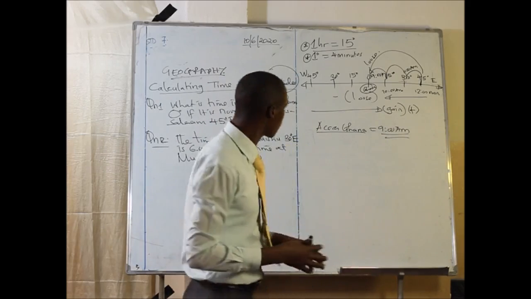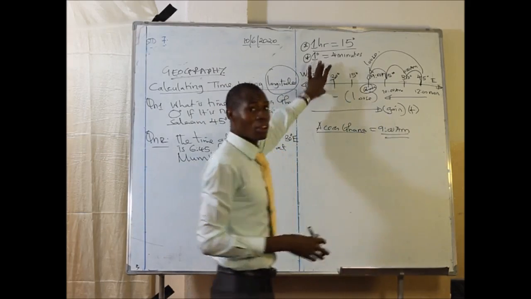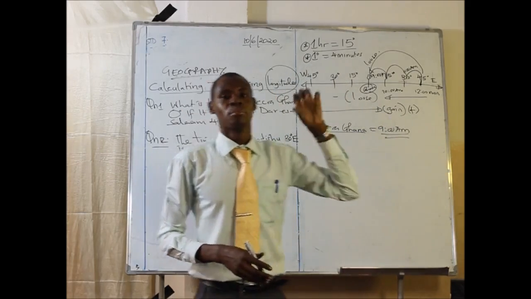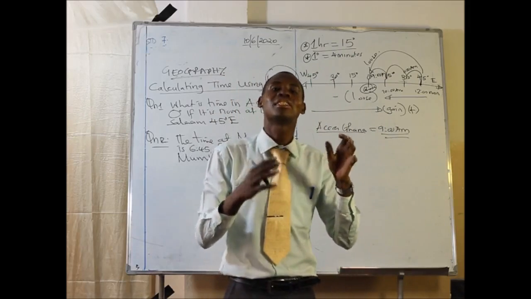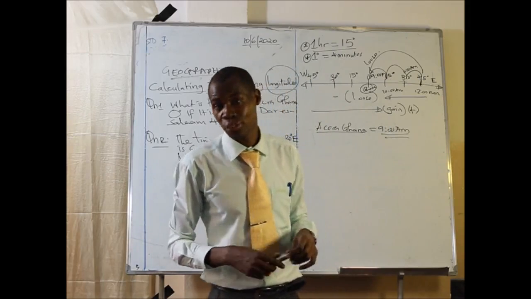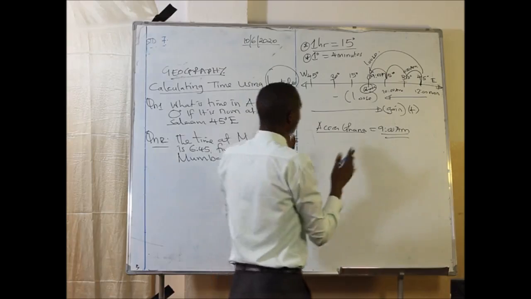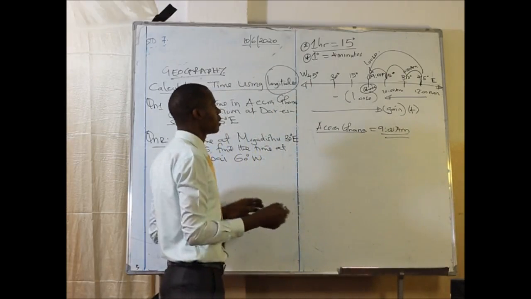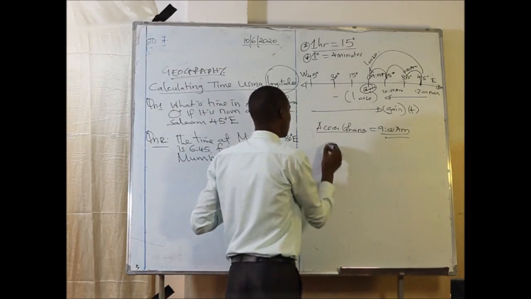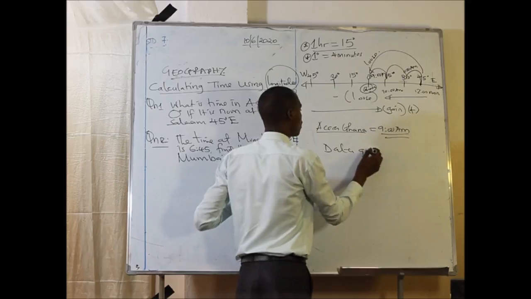But this method, we can only use it if the degrees given are divisible by 15. There's also another method we can use to find the answer. You group the data: you write the data given.